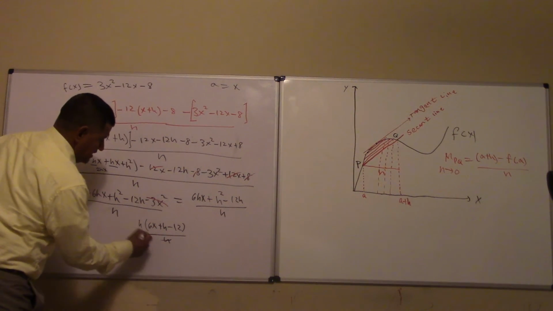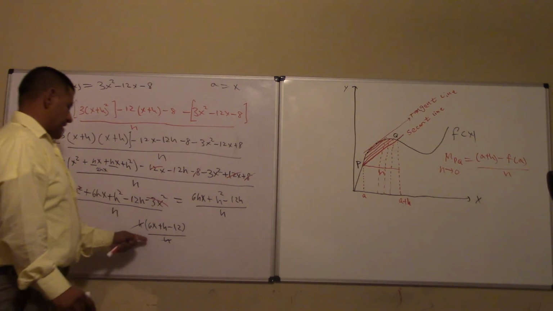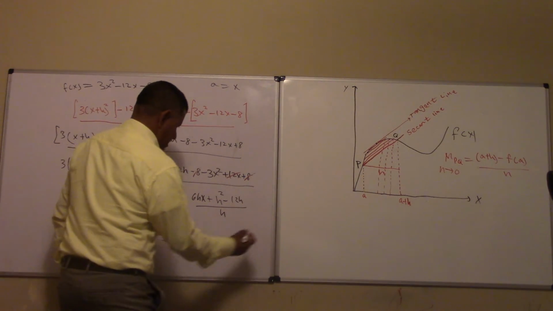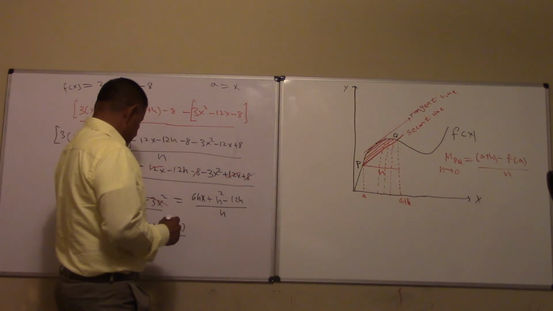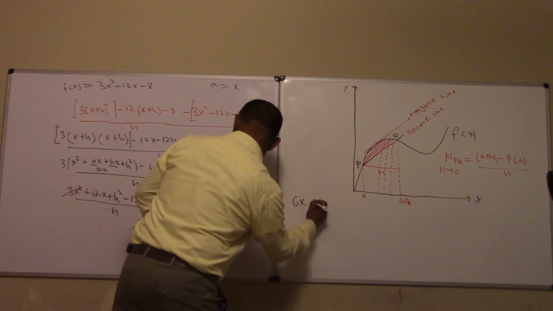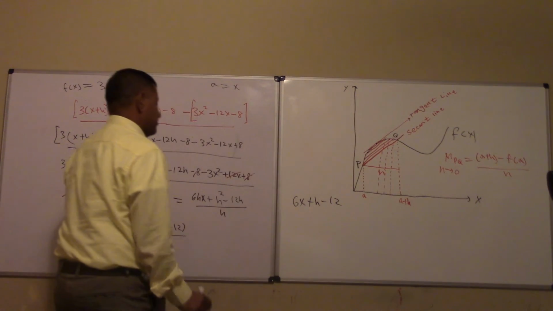Now this and this cancel out, and I am left with, let me bring this to this board here, 6x plus h minus 12, right?